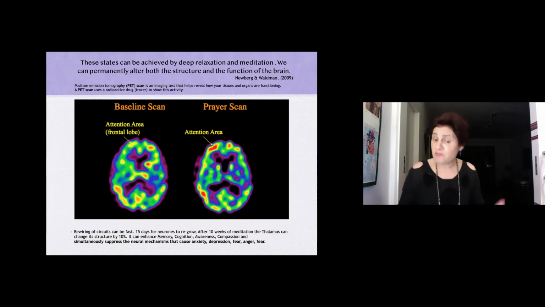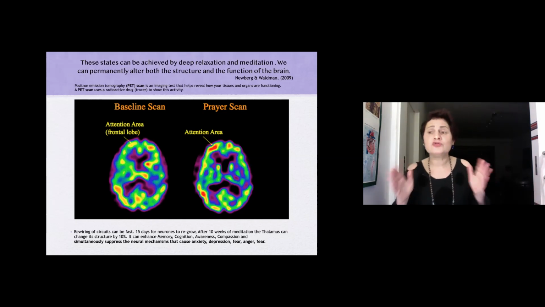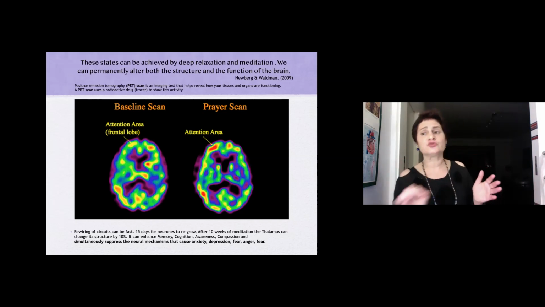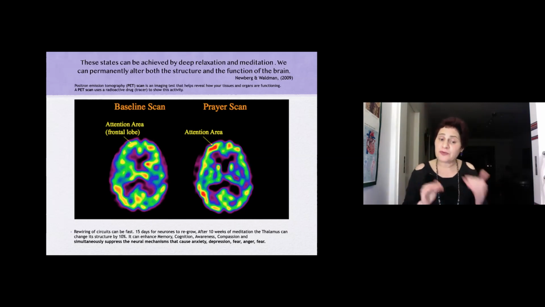It can enhance memory, cognition, awareness, compassion, and simultaneously, and I underline this word simultaneously because we get back to that, can suppress the neural mechanism that causes anxiety, depression, fear, anger.